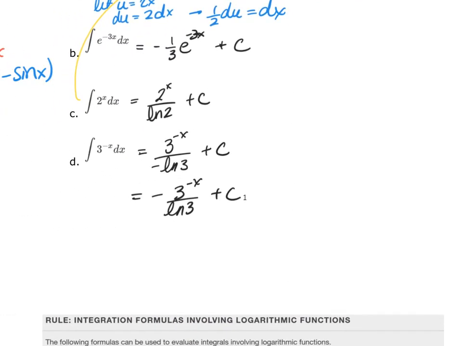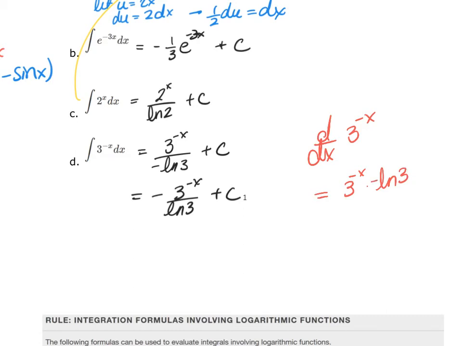So if I were asked to do the derivative of 3 to the negative x, I'm going to ignore that constant because it's just going to be 0. Then I know that this is going to be equal to 3 raised to the negative x, and then it's going to be multiplied by the natural log of 3, and then it's going to be a negative out front of that.